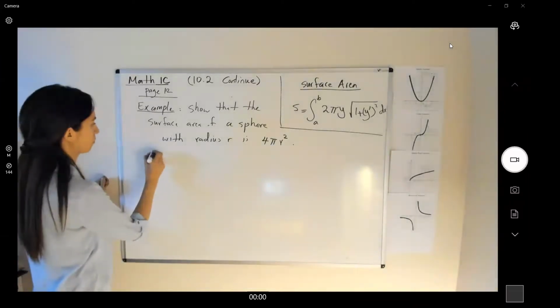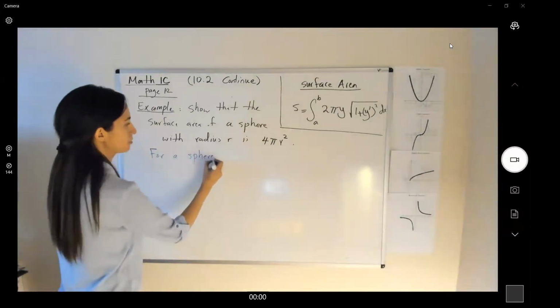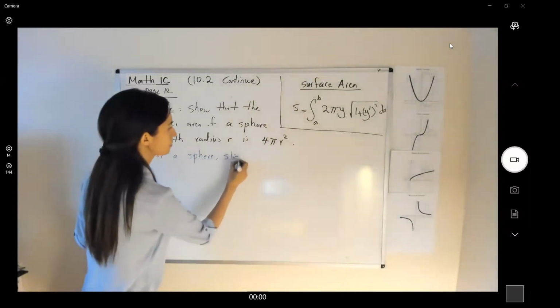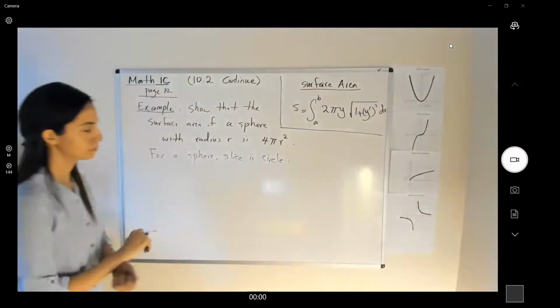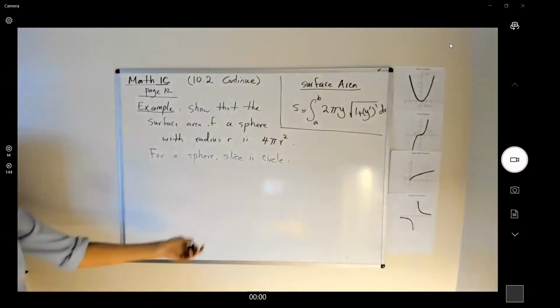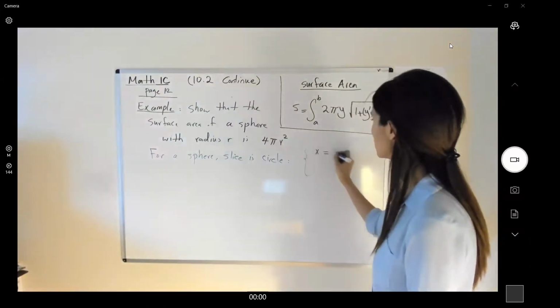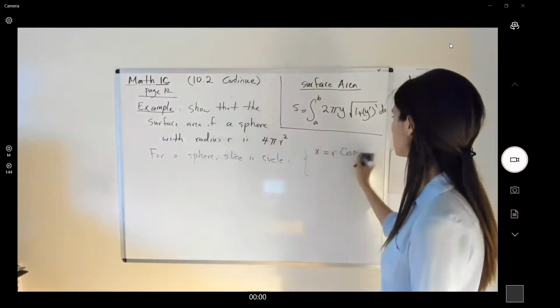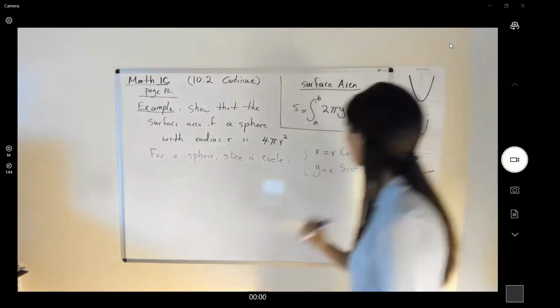For a sphere, a slice is a circle. So when you are working with a circle, your x is r cosine theta, for example, and y is r sine theta.